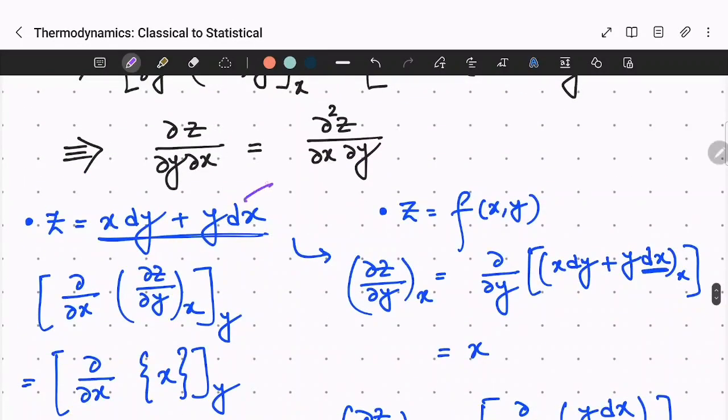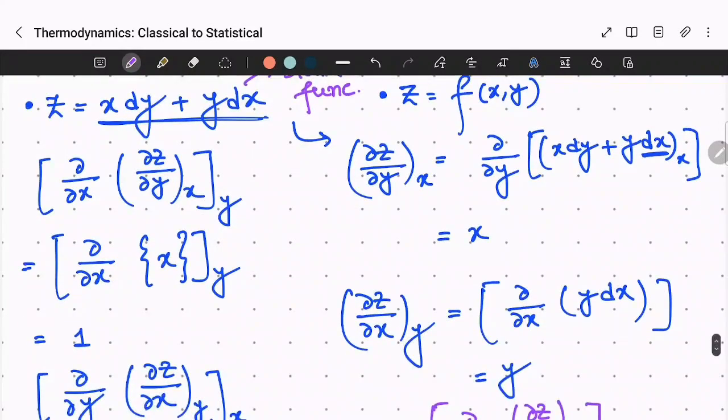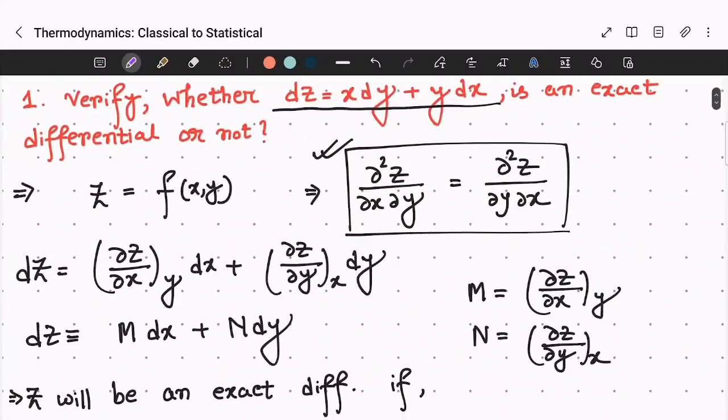Okay, so this is a state function, z is a state function, and also z is an exact differential. Probably it's clear. This is our first question.